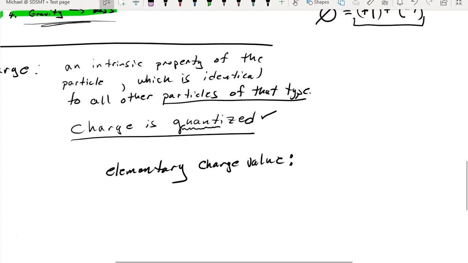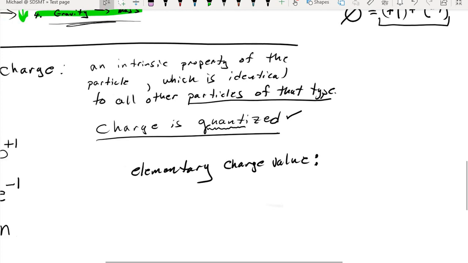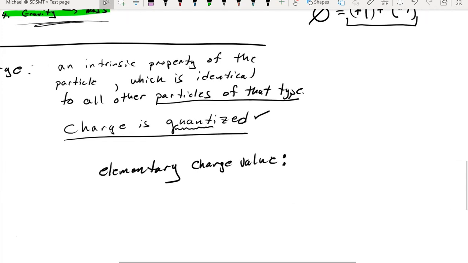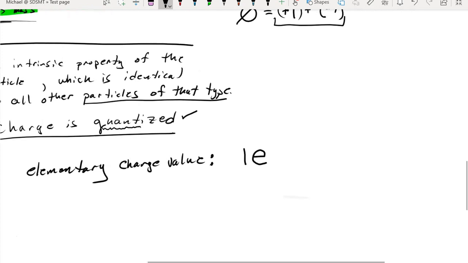Again, we are not considering quarks. Quarks cannot exist in nature by themselves as far as we know. They have to be paired up with other types of quarks. But this elementary charge value, we're going to shorthand this to call it 1e. So 1e is 1 elementary charge.